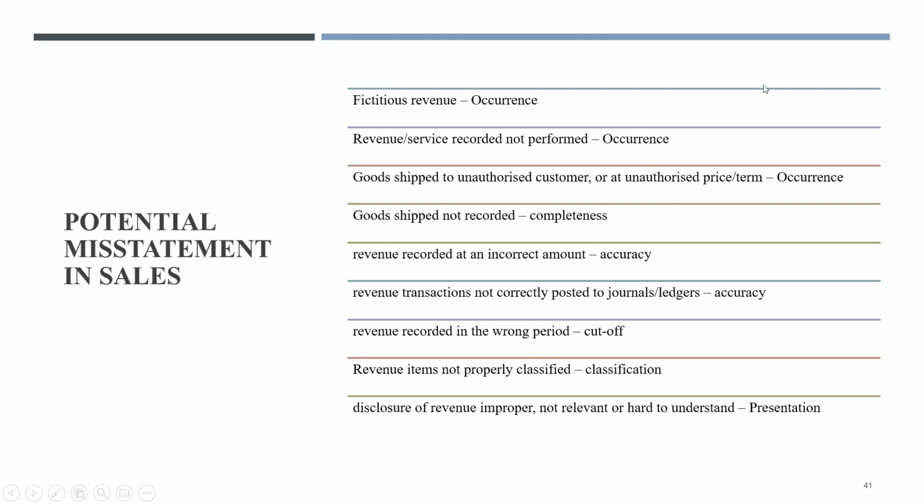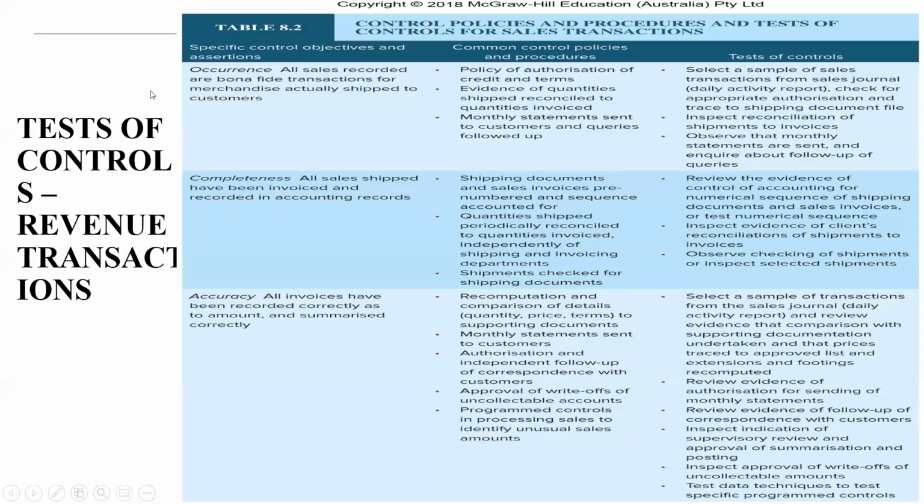I think this page will be very helpful for you because this links to the potential misstatements, to the assertions. And when you design the test controls, you need to address those important assertions at risk.